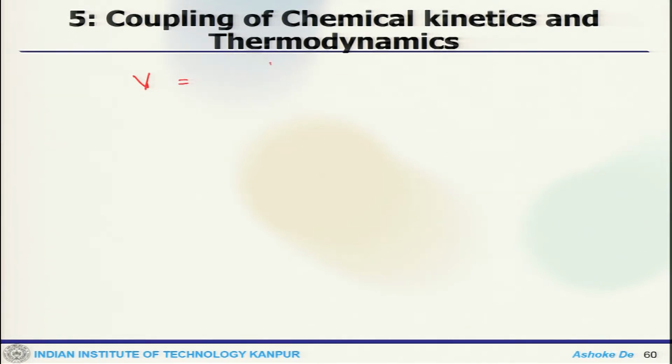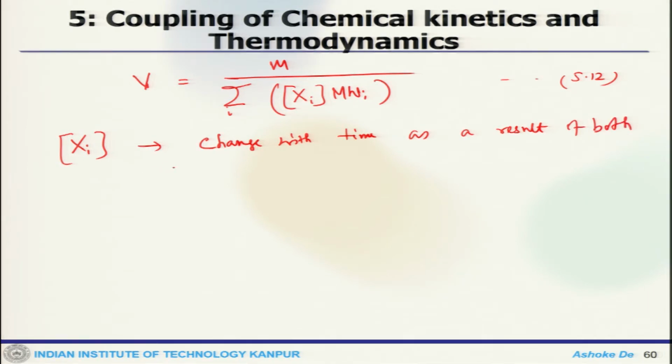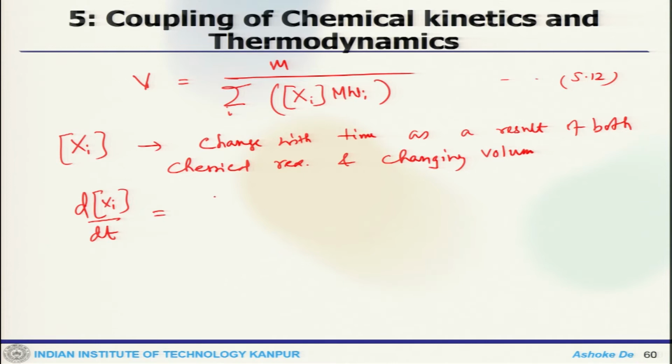The volume would be m divided by the sum over I of x I concentration times molecular weight of I. Now this is the change with time, as a result of both chemical reaction and changing volume.